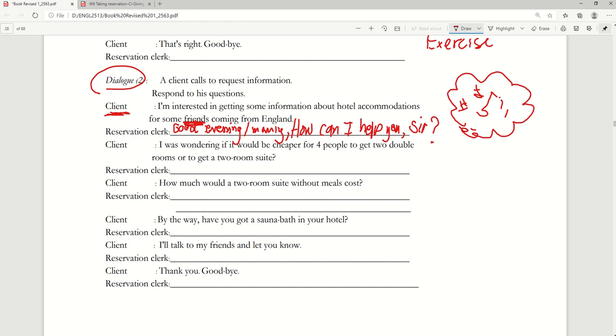"I was wondering if it would be cheaper for four people to get two double rooms or to get a two-room suite." So this is the question. He needs to know. Okay, so first of all, you have to understand the dialogue, the content, the context first.